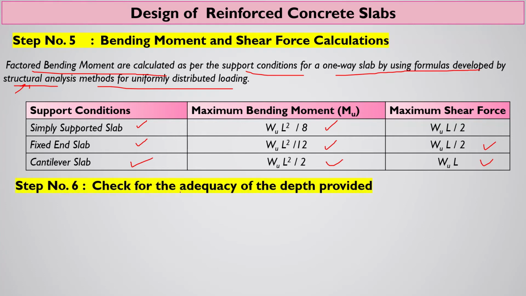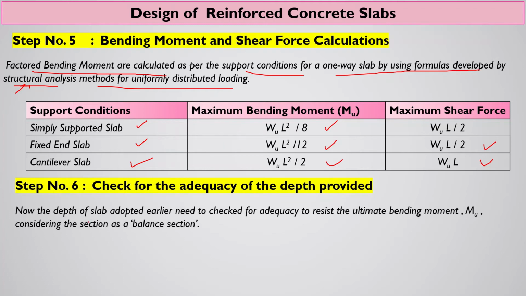Now step number 6, here we have to check whether the depth which we have provided is adequate. So the depth of slab adopted earlier needs to be checked for adequacy, so that whether it is able to resist bending moment or not. Whatever the bending moment, that is factored bending moment, for which we are going to design the slab. And here again we are considering the section as a balanced type of section.